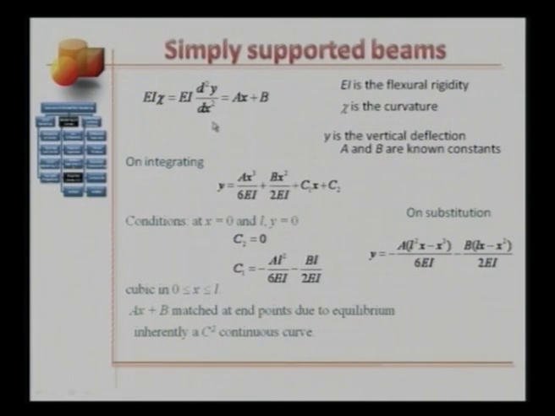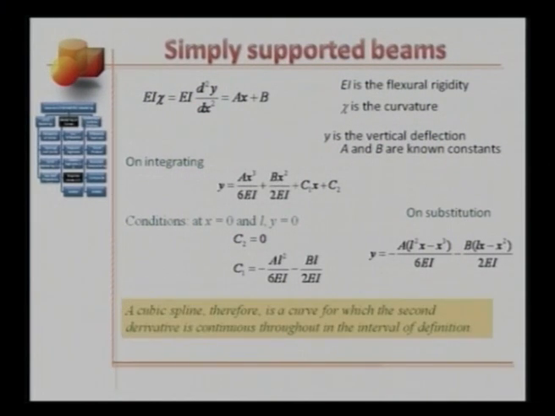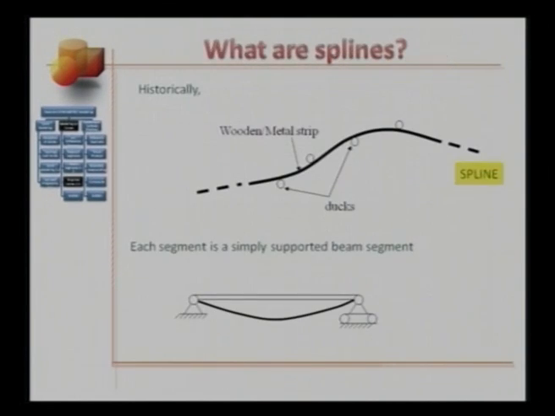If we try to differentiate this a third time, d3y over dx cubed will be equal to a, and this value a will be different across different contiguous simply supported segments. What do we note now? We can comment on what we are going to term a cubic spline. A cubic spline is a curve for which the second derivative is continuous throughout the interval of definition. Let's go back to this figure here.